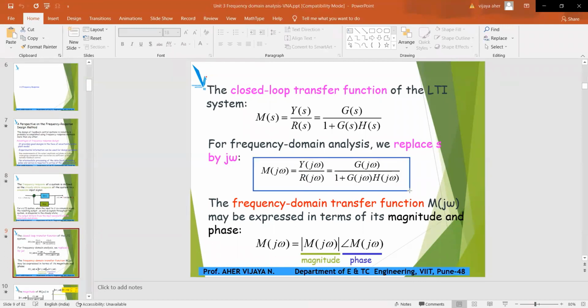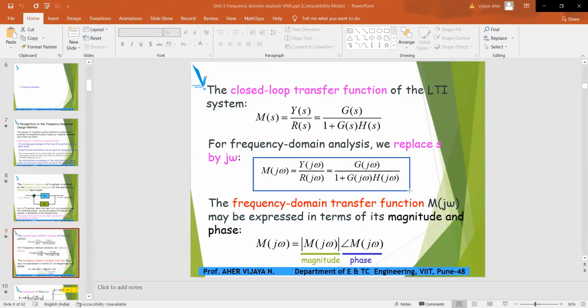This is the transfer function of the closed loop control system in frequency domain analysis. Students, you are supposed to write this equation. This equation is very important.